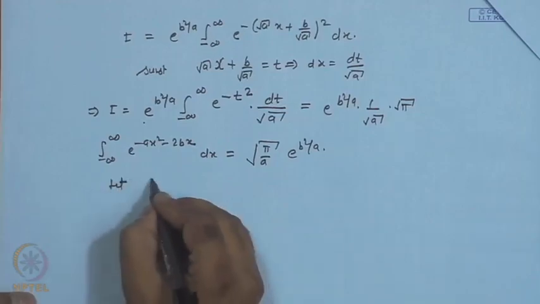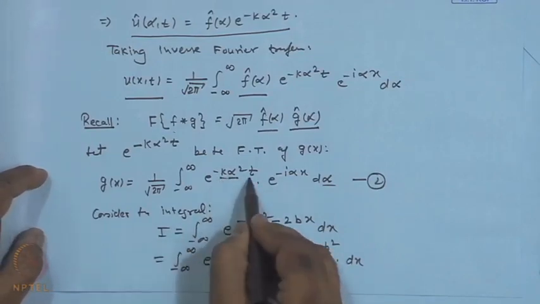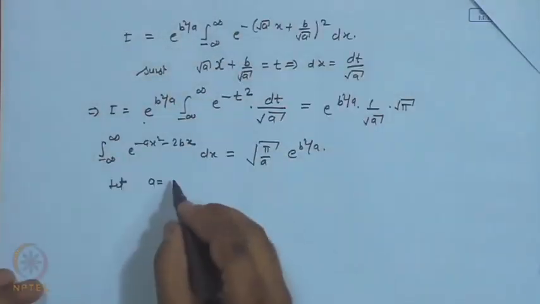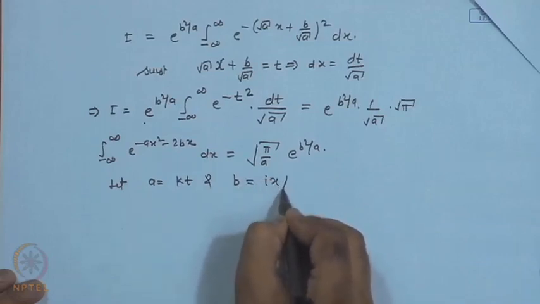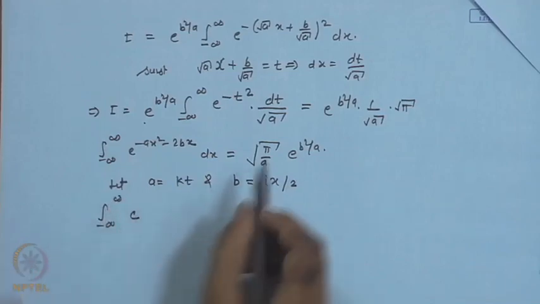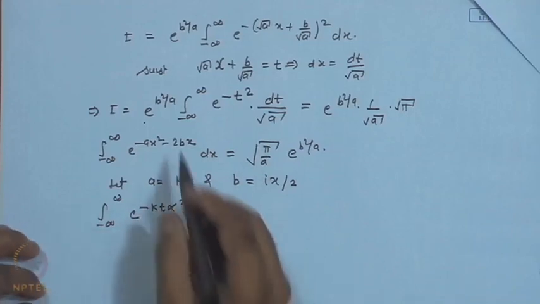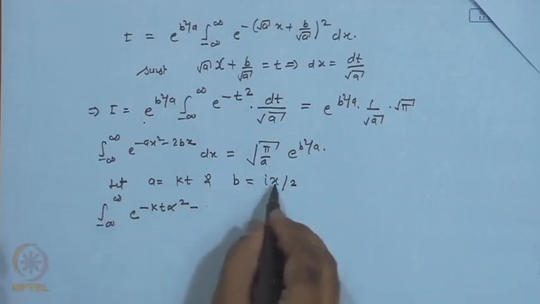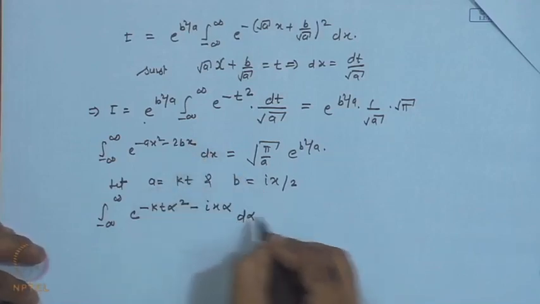Now, because we want to go back to our integral, we choose a as k t and 2b as i x, so b is i x by 2. We will get the required integral, and we change the integration variable to alpha: e^(-k t alpha^2 - i x alpha) d alpha.